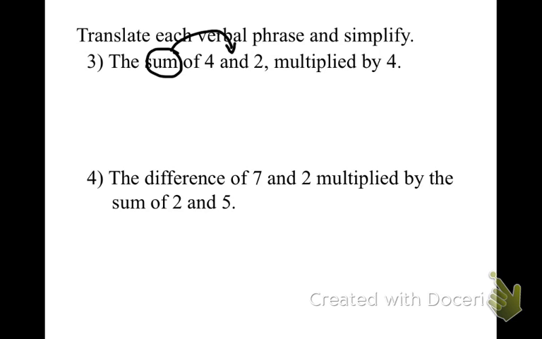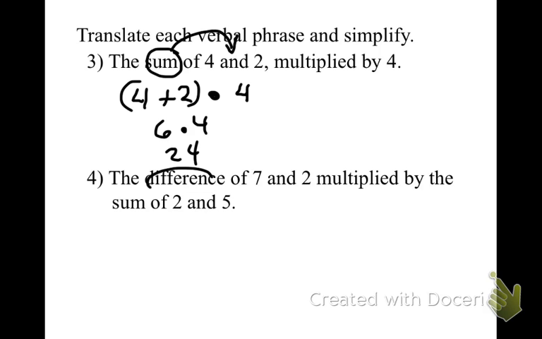I send it over to the "and," and I've got my 4 plus 2. It's a sum, so I'm putting it in parentheses, multiplied. Now you can either do the big dot or the parentheses. So I'm doing my sum first because that's the group, 6 times 4. Every time it should look like a triangle, almost coming down.